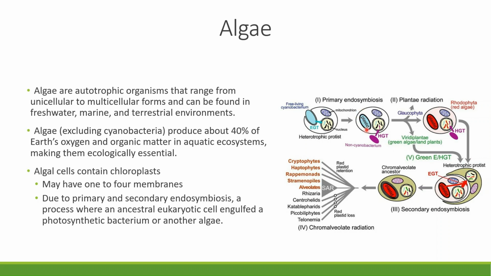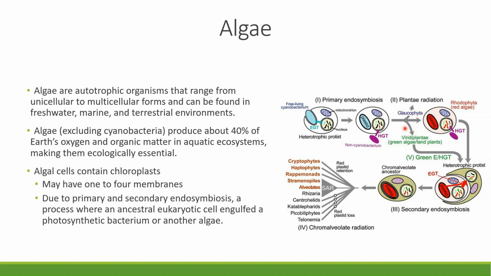Here it's labeled as a plastid. A plastid is just a name for a chloroplast or a chloroplast-like organelle. And this is where we have a fork in the road, and different types of organisms evolved. We had the red algae that evolved directly from this event.